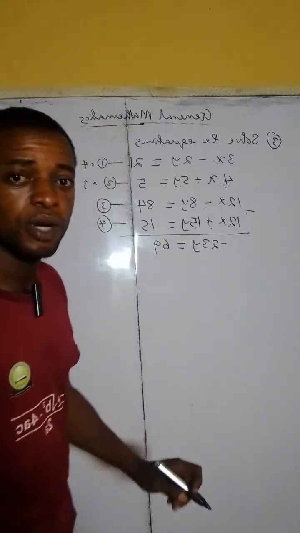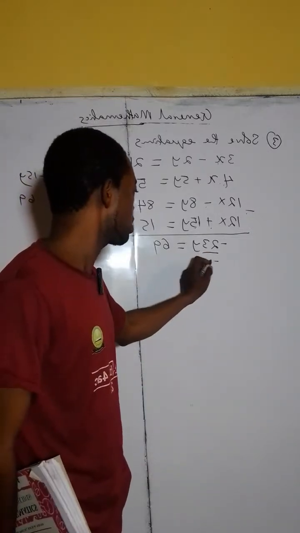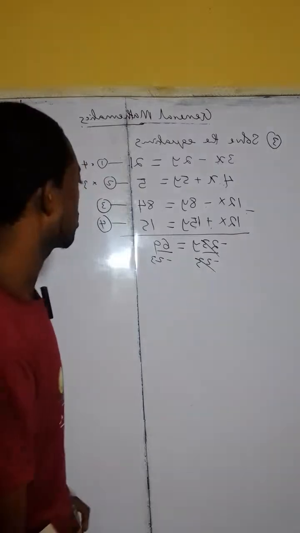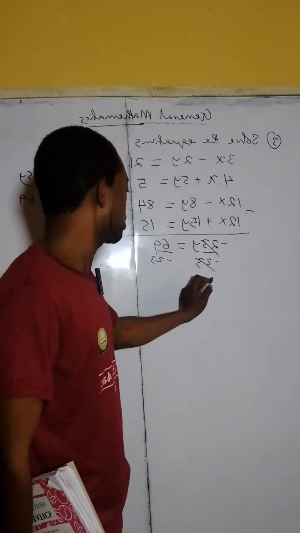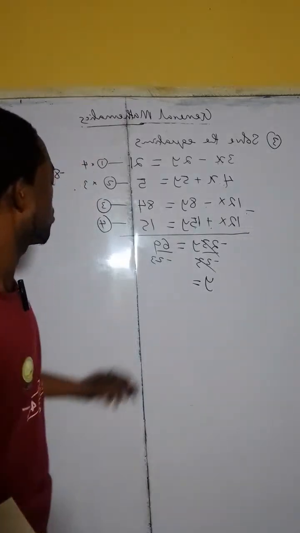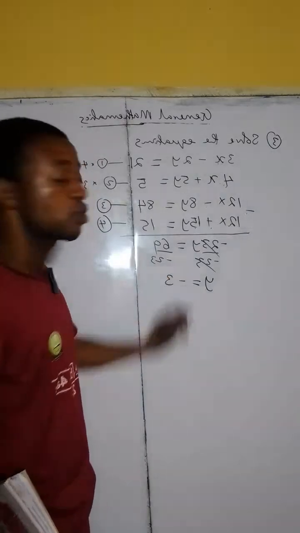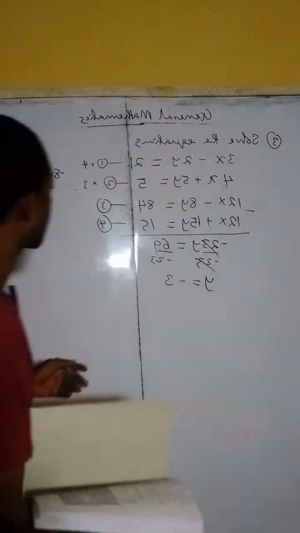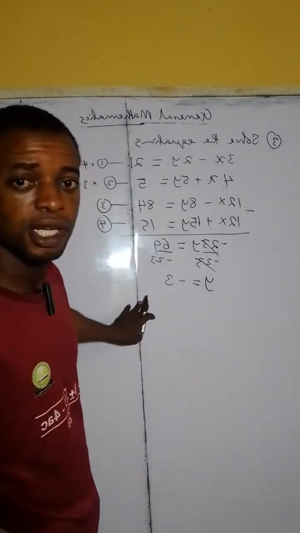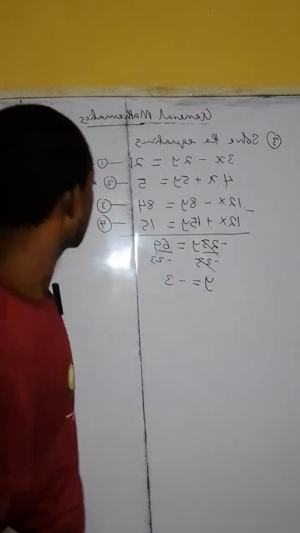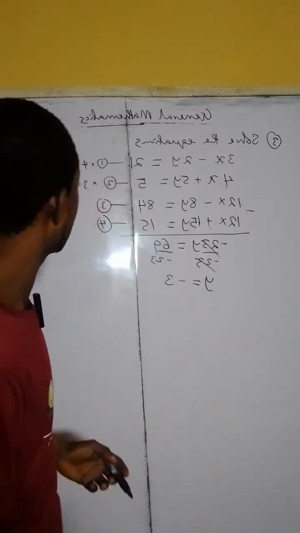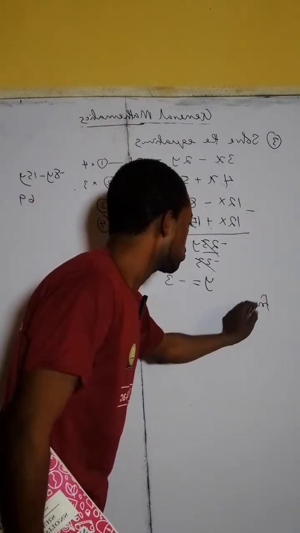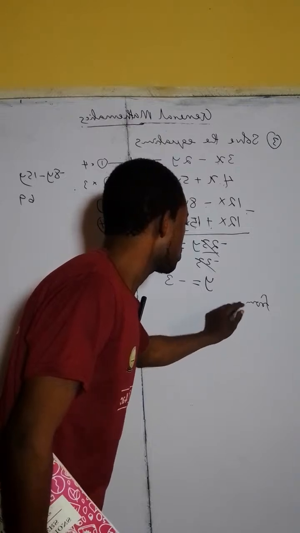Next step, to get y, divide both sides by minus 23. Minus 23 cancel each other, and y is now equal to minus 3. So y equals minus 3. Then easily now we can get x by substituting y in either equation 1 or equation 2. From equation 2, we substitute the value of y.